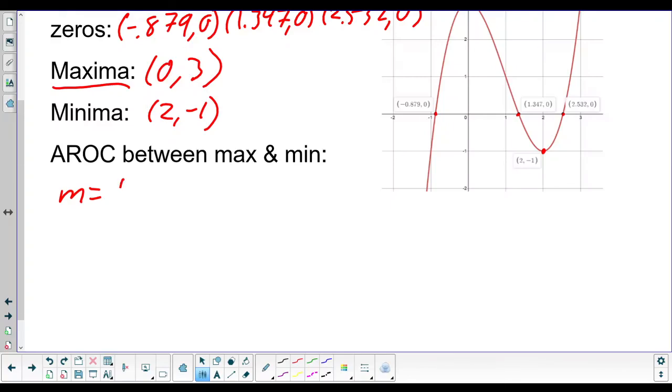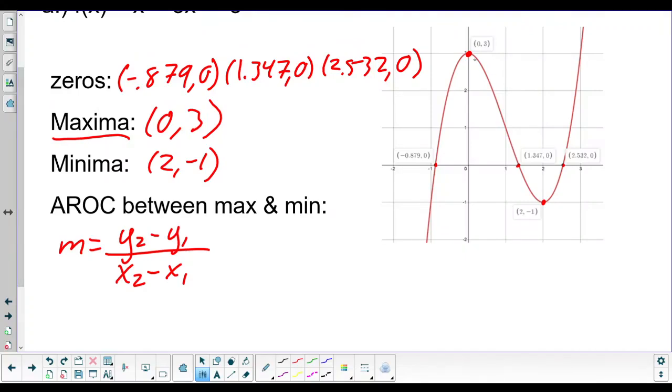M equals y2 minus y1 over x2 minus x1. Pick which point you want to be 1 and which point you want to be 2. I'm going to say this one is 1. This one is 2. So here's point 1. Here's point 2. I'm going to fill in my stuff. For point 2, I'm going to take my y and my x. Y goes on top.